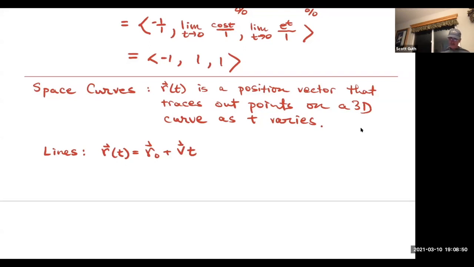R naught is just any point on the line. V is a direction vector.